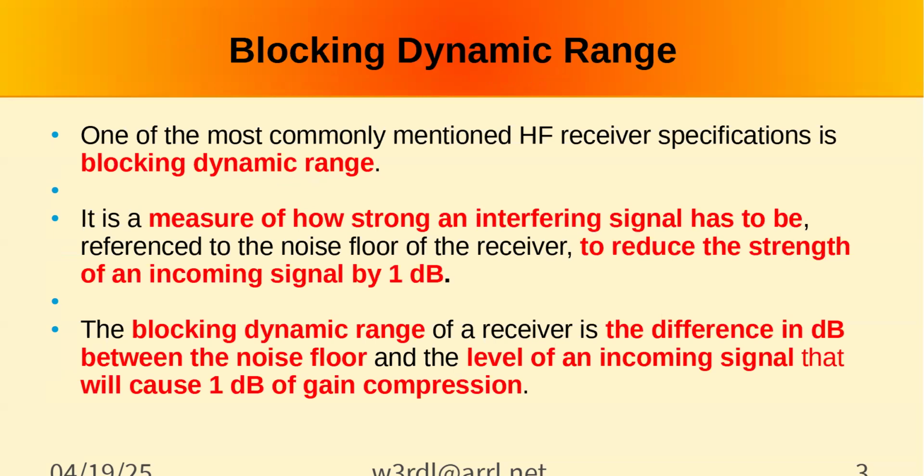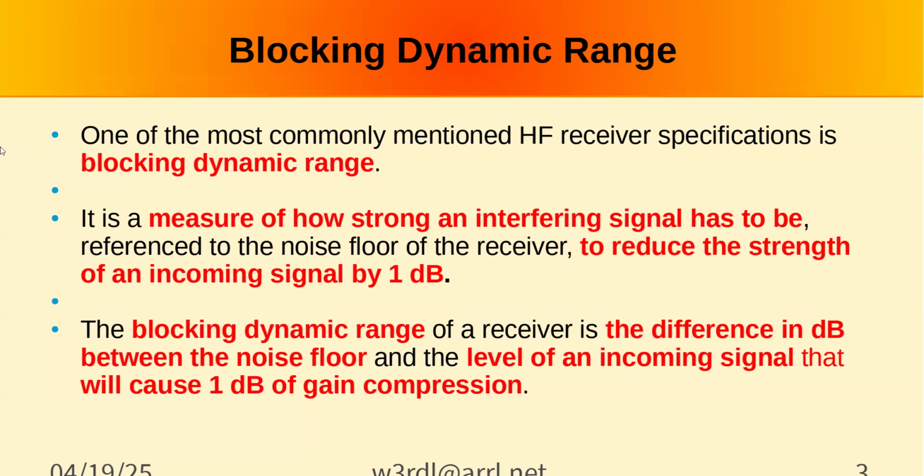As the input signal increases, you get a linear increase in your output signal up to a point where it starts to tail off. At the point where it's 1 dB below where it actually should be, that's what they call the 1 dB compression point. So whatever the range is in dB between that maximum signal and the minimum signal is your blocking dynamic range.